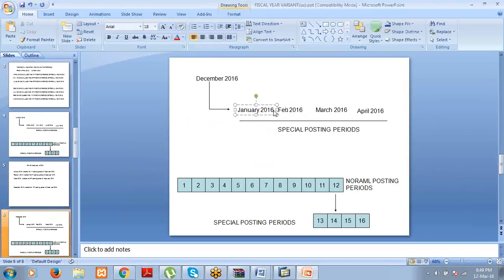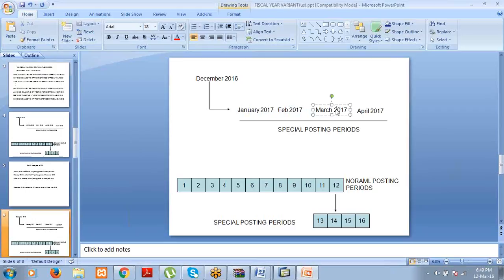Okay. Now in the case of US companies, once 31st December 2016 is over, again we have to carry on adjustments, right? Then January 2017 will be the first special period. February 2017 will be the second special period.